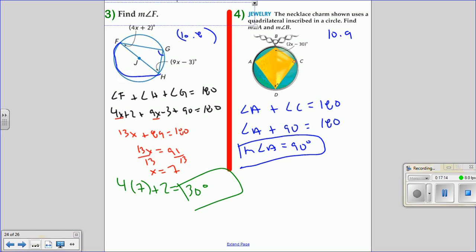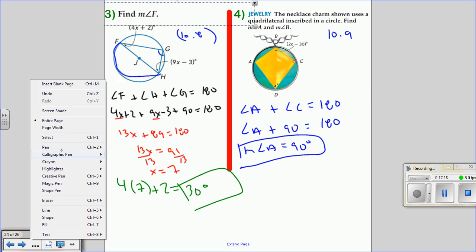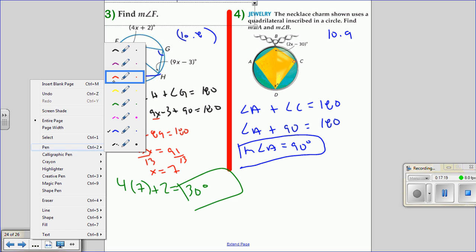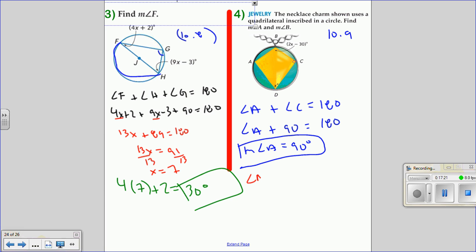Now we have to find the measure of angle B in the same manner. Angle B plus angle D is equal to 180. Angle B is 2x minus 30. Angle D is x, and they're equal to 180.